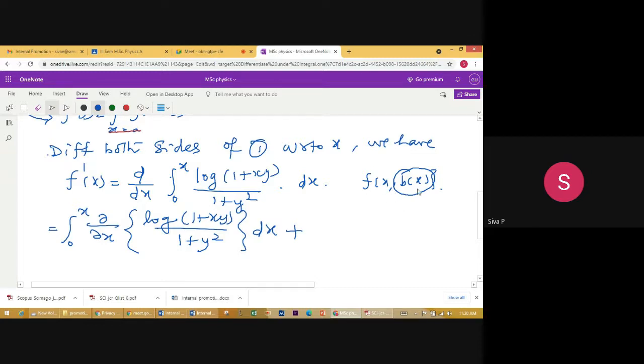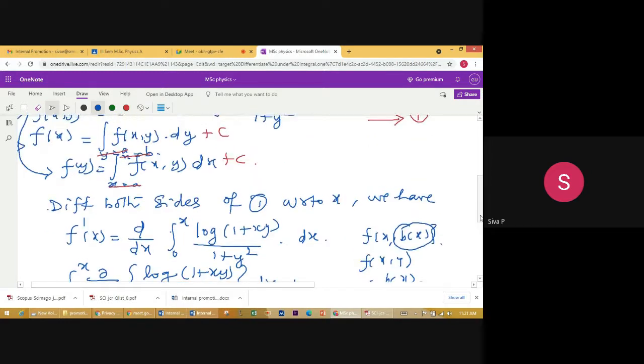See, f of x comma b of x means what? What is b of x here? We can compare it. F of x comma y is the function, integral over a of x to b of x. Comparing this, what should f of x comma b of x be? What is f of x comma y here?